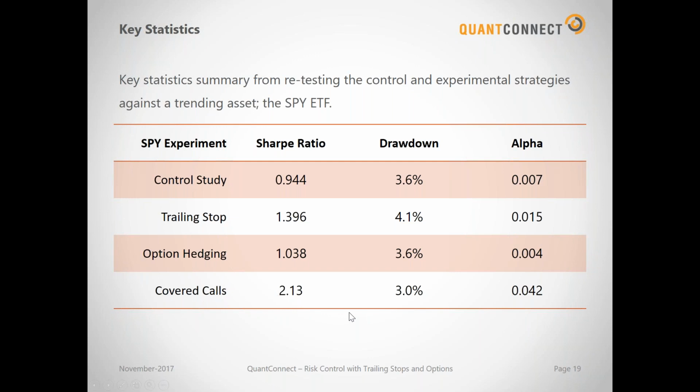One of the fun things to do might be, now that you've got this, to combine covered calls with option hedging and see how it performs relative to the control. Because now you know the individual contribution of each of these techniques, you can start to combine them in more intelligent ways and understand really what's going on.